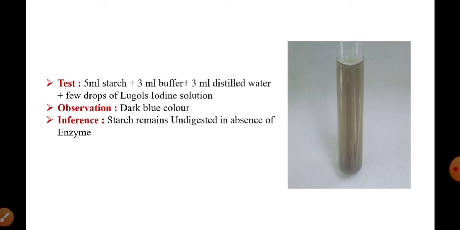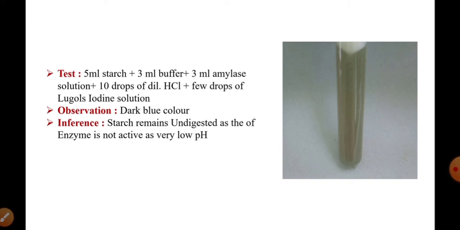Now let us see the third one. In the third test tube, we had added 3 ml of buffer with 5 ml of starch, 3 ml of enzyme amylase solution and as an addition we had added 10 drops of dilute HCl. And then we added few drops of Lugol's iodine solution. The observation was dark blue color. Now over here, even though we added the enzyme amylase, the starch was not digested.